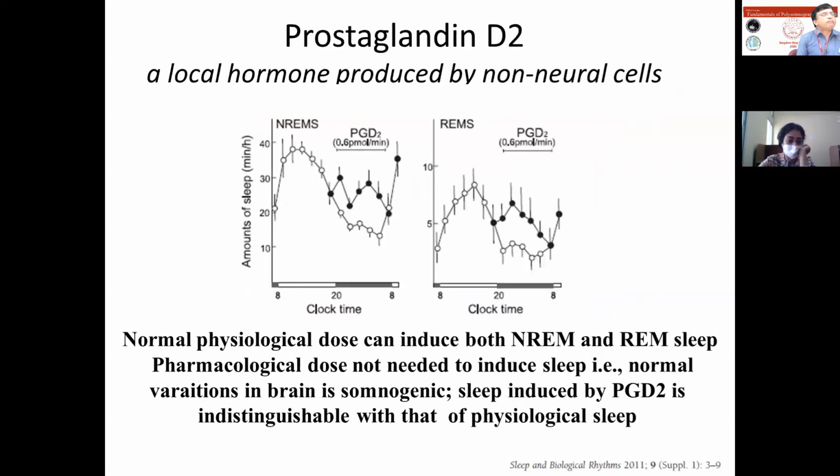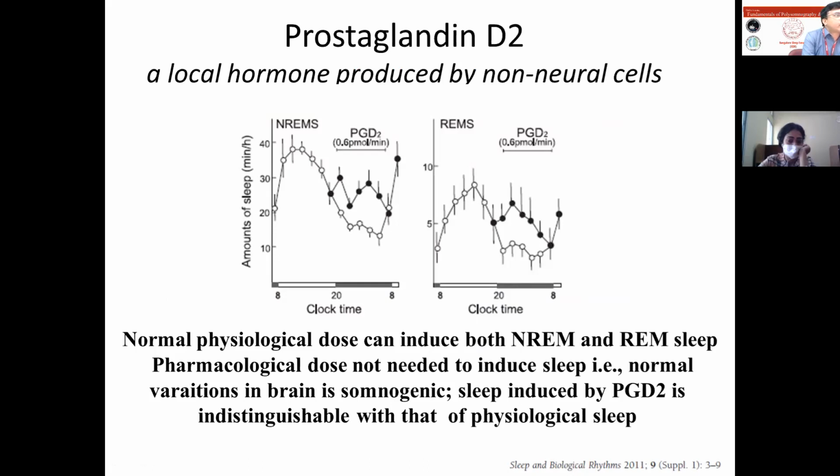Now, having known in brief about adenosine, we'll try to understand something also about prostaglandin, which also plays a very important role in inducing sleep. In normal physiological doses, prostaglandin D2 can induce both NREM sleep and REM sleep.